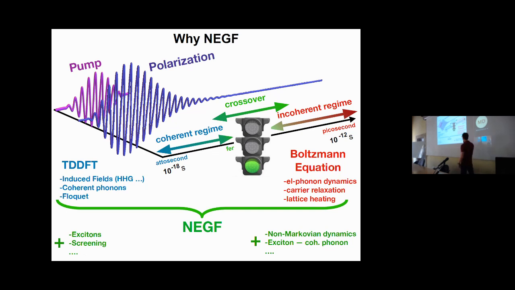In the incoherent regime, NEGF is able to capture non-Markovian effects in the carrier dynamics, which are also very important. And also, for instance, the coupling between excitons and coherent phonons, which is something that is measured in experiments.